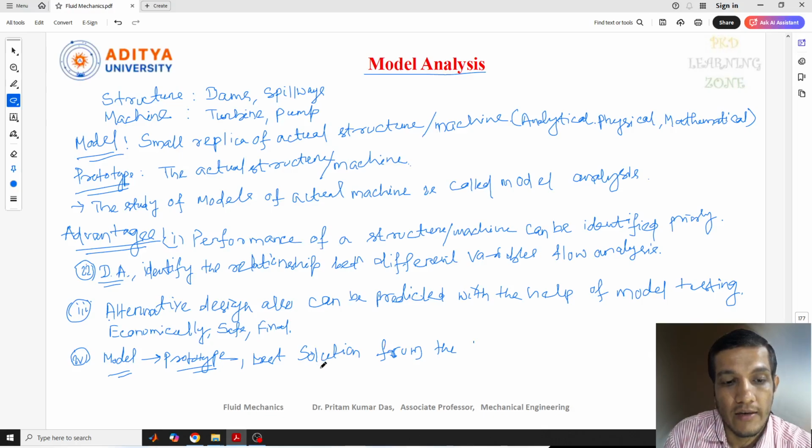The model can be converted into the prototype, and we can find the best solution from the prototype if both are similar.